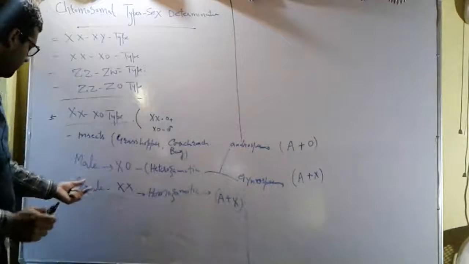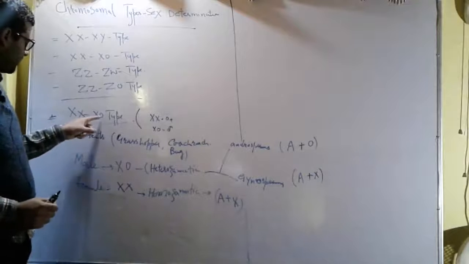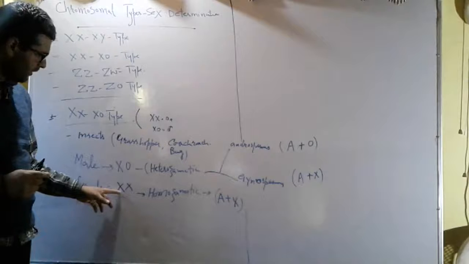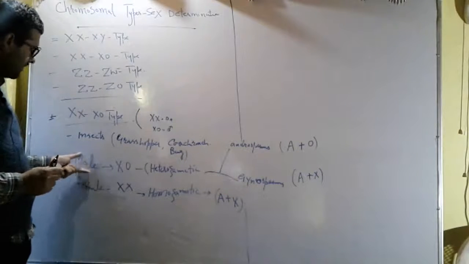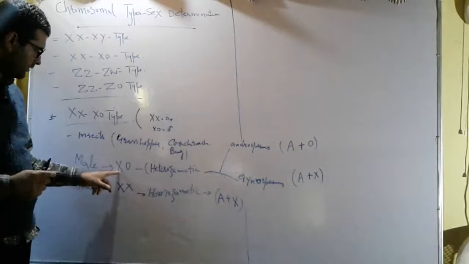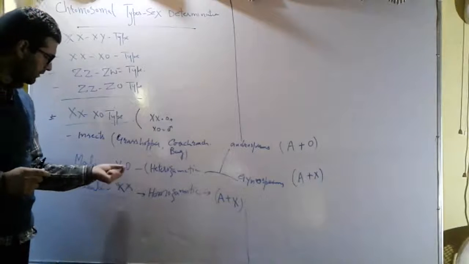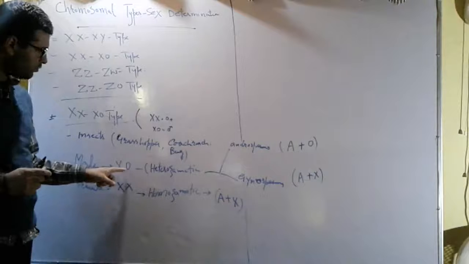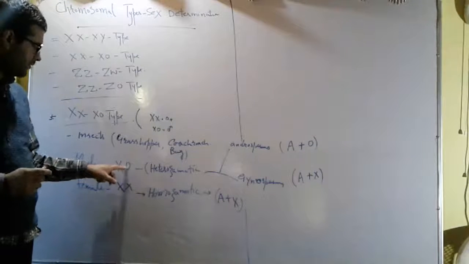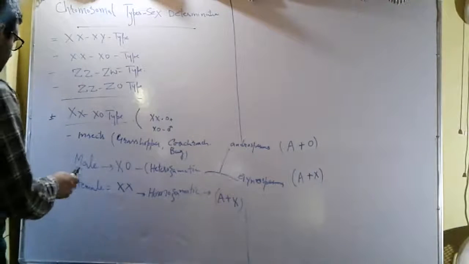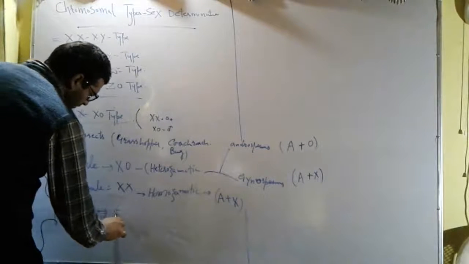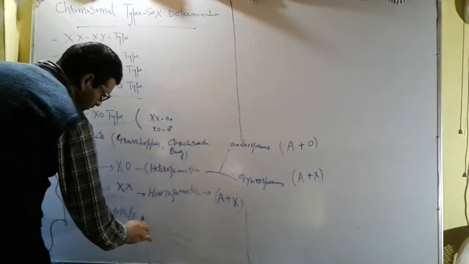So actually in the XX-X0 type, females have two sex chromosomes, that is XX, while males have only one sex chromosome, that is X. The other sex chromosome is absent, so that is represented by 0.